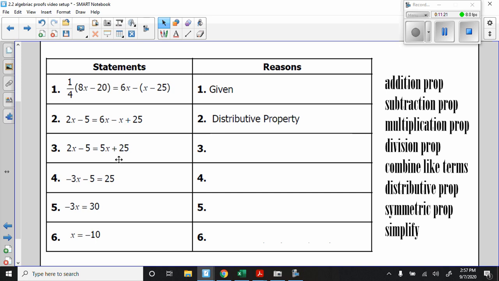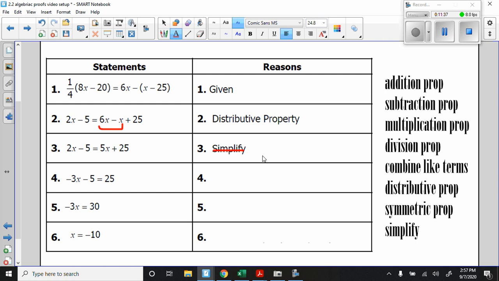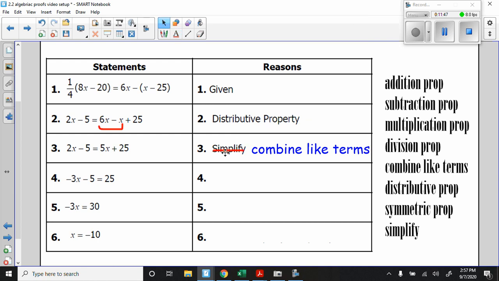Okay, so coming down here, what did they do? Well, I see that the only change is right here. So let's see, we called it simplify. Again, I'm going to change that because I'm going to try to stick to this: I'm going to say combine like terms. Because I said earlier, we simplify with numbers and combine like terms with variables. The only thing I see changed is with the variables, and this 5x is gone.